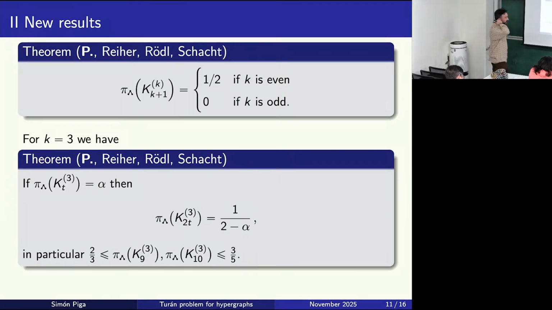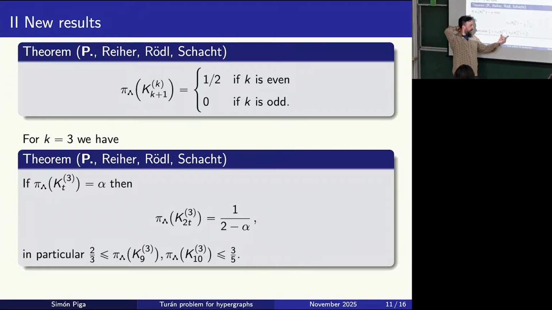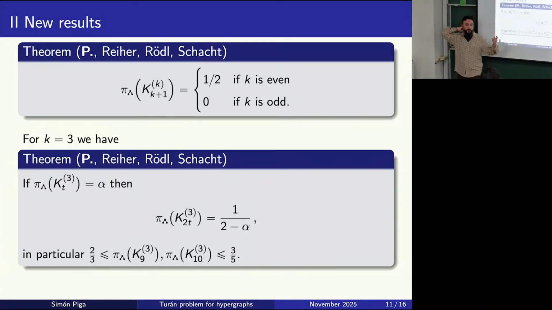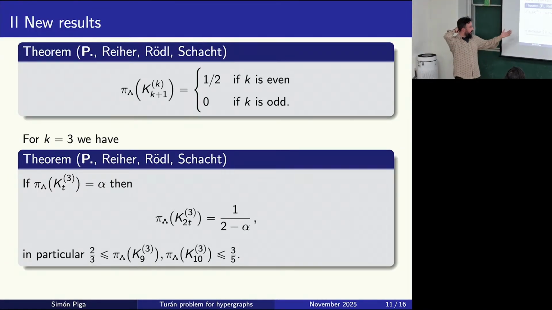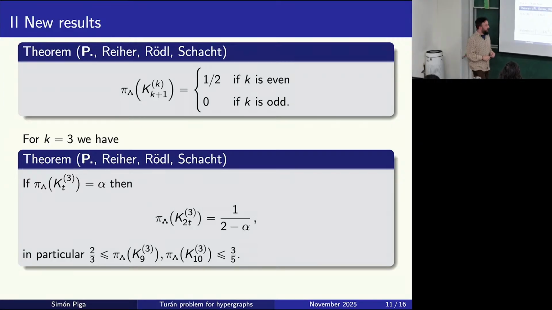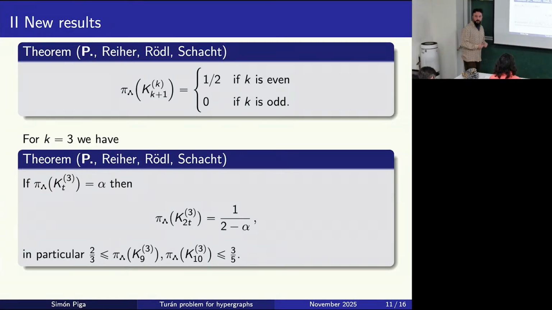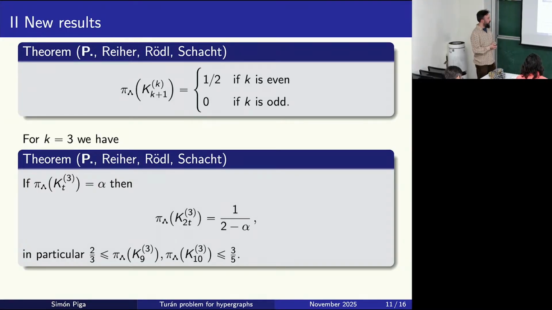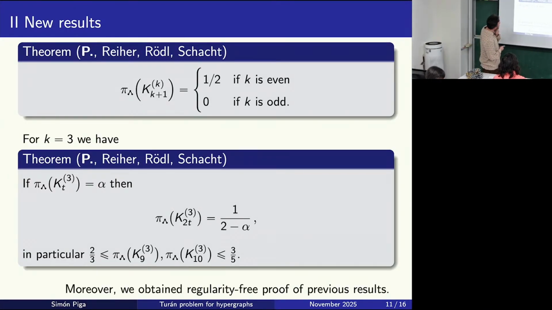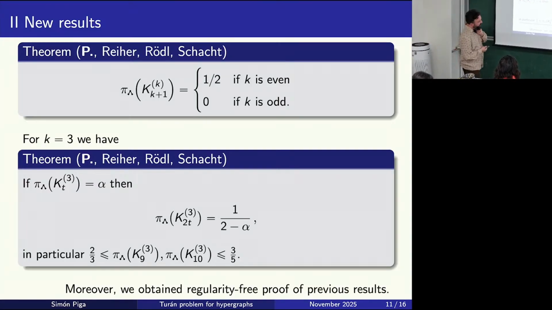In particular, this means already some bounds for K9 and K10, which were open, and it's still open because the bounds are not matching, but at least we could push back the best upper bound.